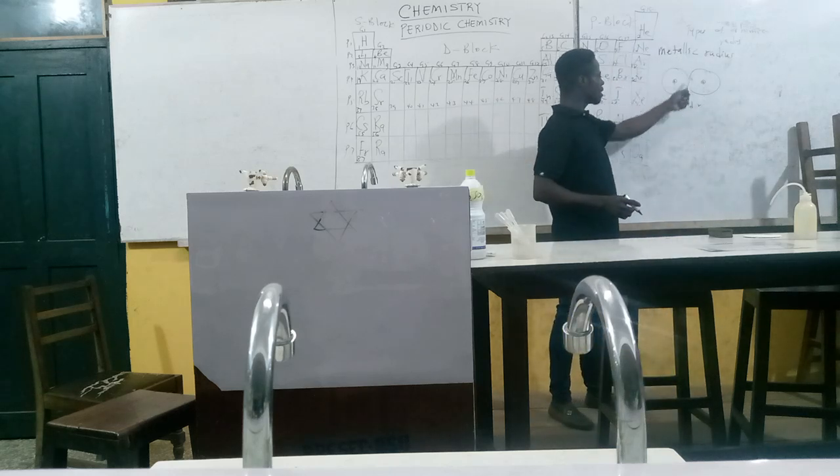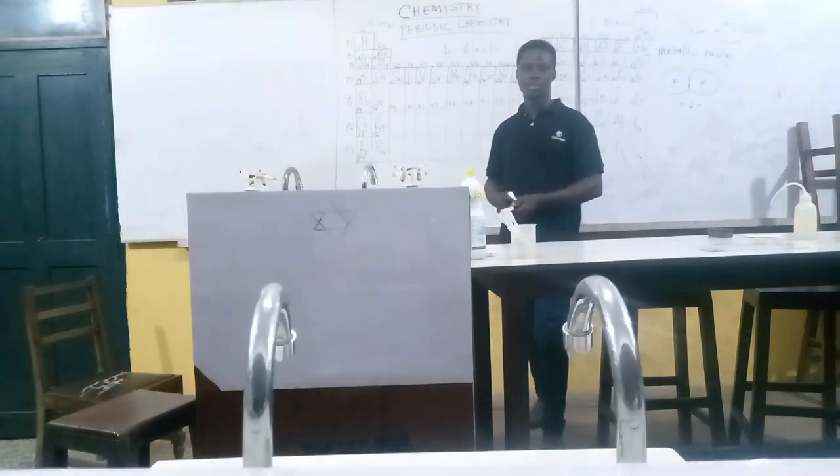This is the nucleus of this atom, and this is the nucleus of this atom. From here we have the radius and then another radius, forming the diameter in between the two. So half the distance between the nuclei of two closest atoms in a metallic crystal is termed metallic radius.